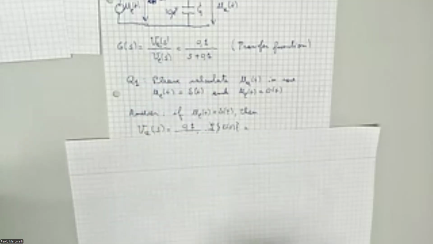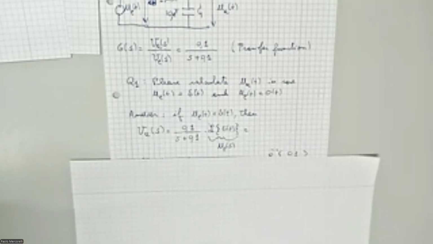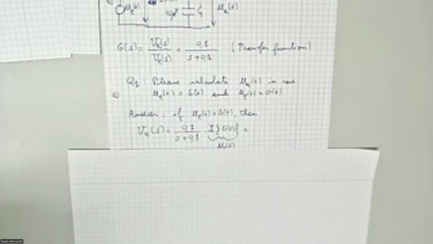Here, the initial condition is 0. Therefore, we are just considering the forced answer. And this is a little bit the meaning of the transfer function. The transfer function is associated basically to the forced answer, but can be used also, in general, as we have seen until now, for the total answer, forced and free.